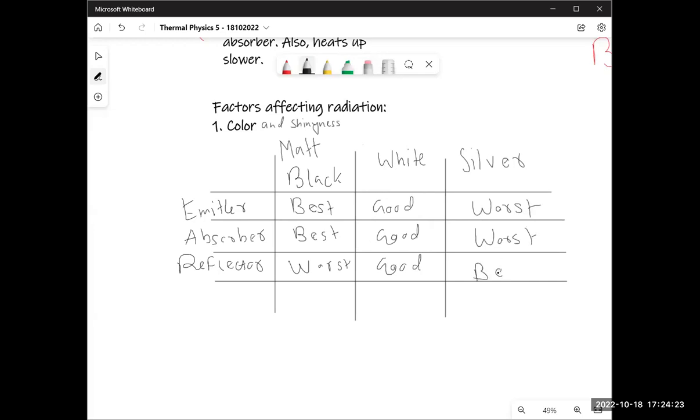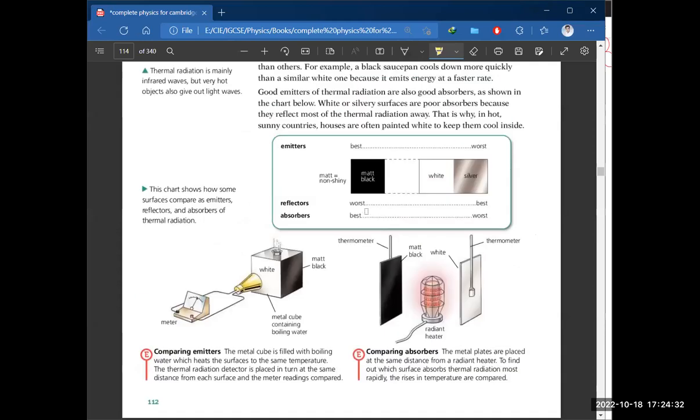I hope this should be done. Write this and tell me when you're done. Done, sir.